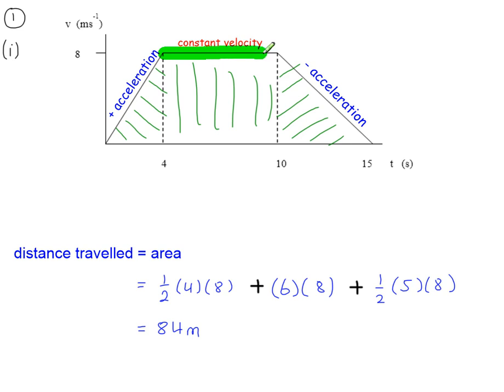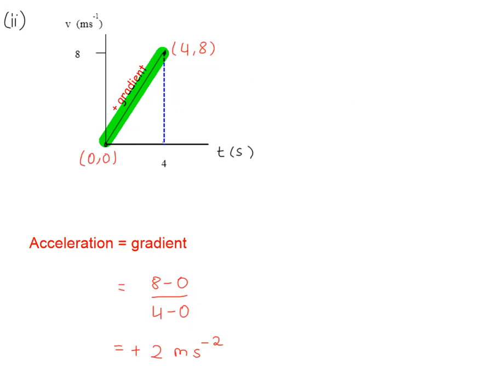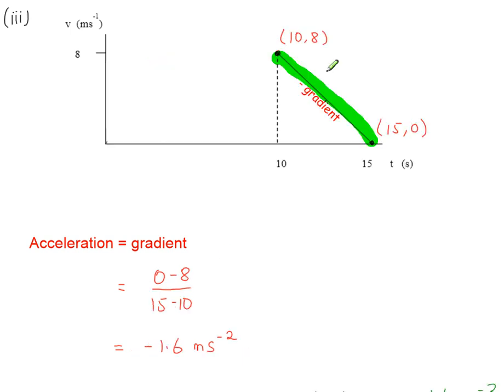Now, because this region has a 0 gradient, then the acceleration here is 0. We have constant velocity. But we need to calculate the acceleration in this region and this region. So the acceleration here is 2 meters per second squared, and the acceleration here is negative because the gradient is negative.